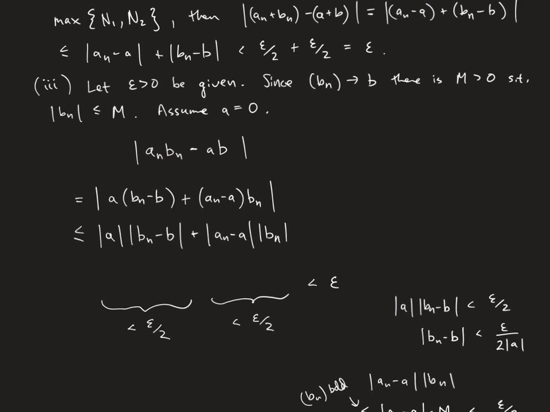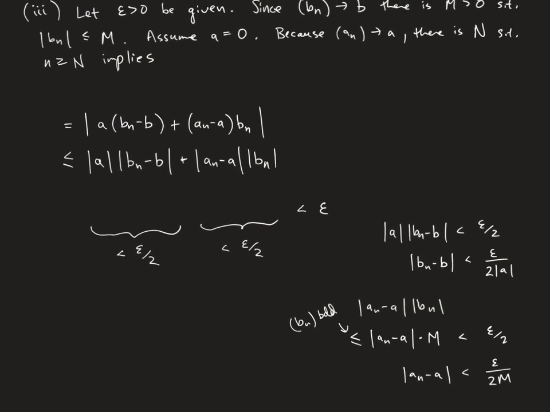Okay, so assume a equals 0, and because a_n converges to a, there is an N such that n bigger than or equal to that N implies, what did we say we needed?